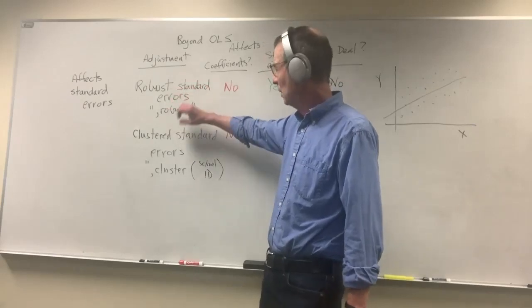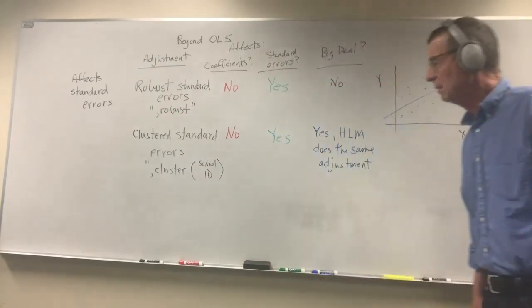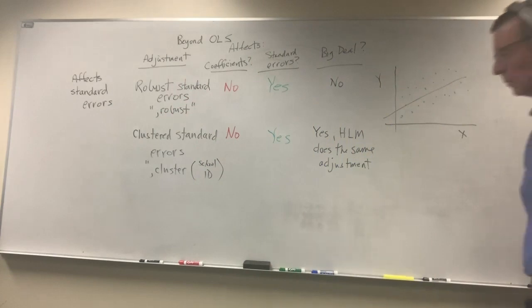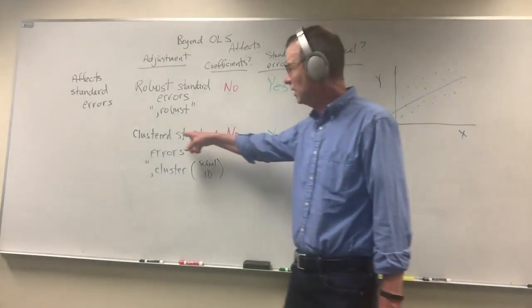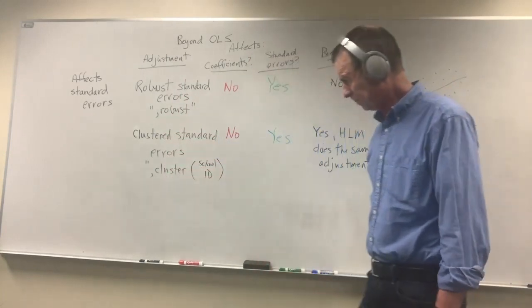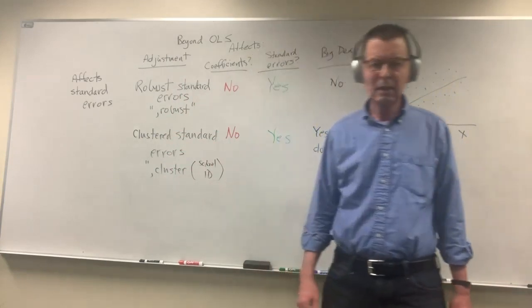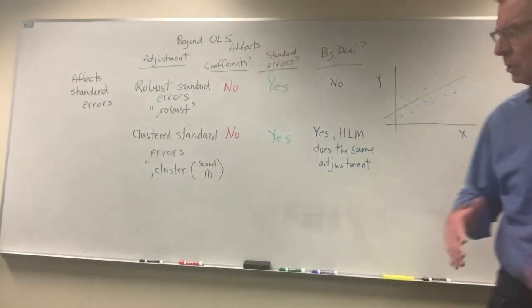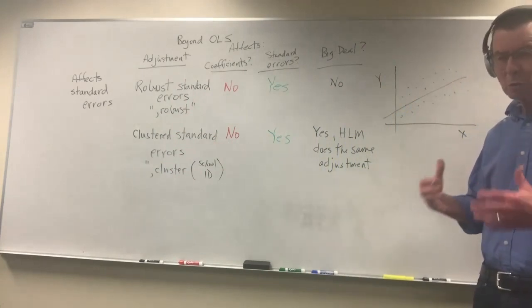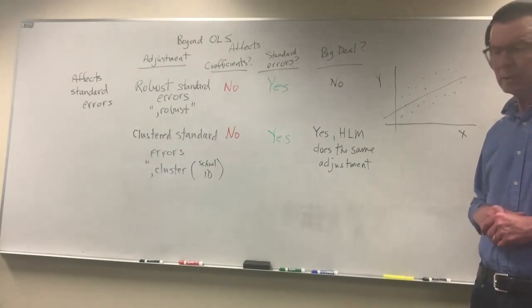You can ask for robust standard errors by just putting in comma robust at the end of your regression statement. The second one is clustered standard errors. These are very different. To do that, you add cluster and then put in some sort of identification number for the units that constitute the clustering units: schools, teachers, families, and so forth. Just an ID number.